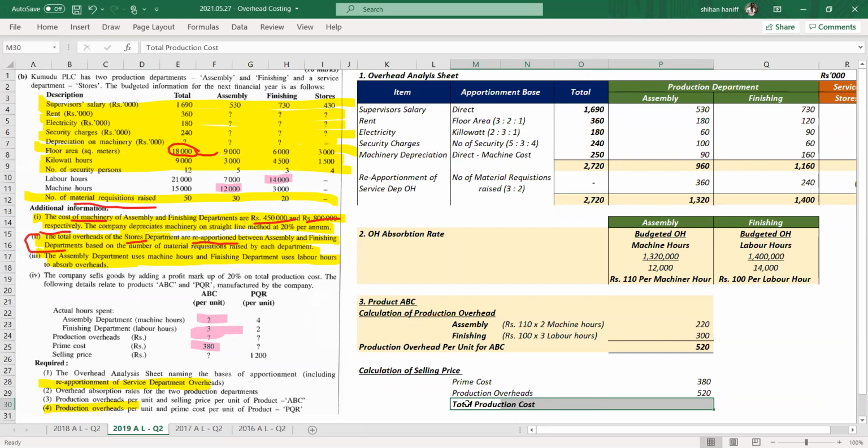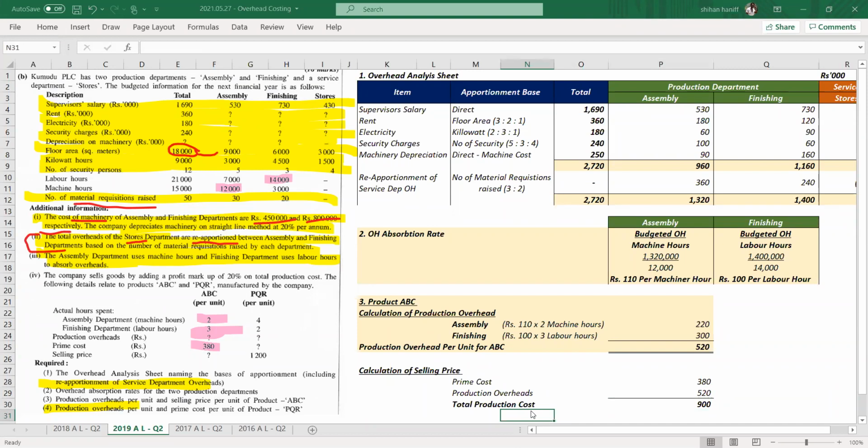What is the production cost? At least 900. Then the selling price.